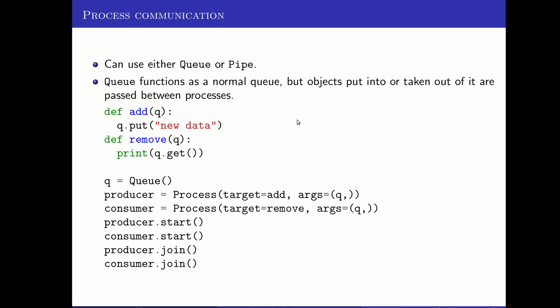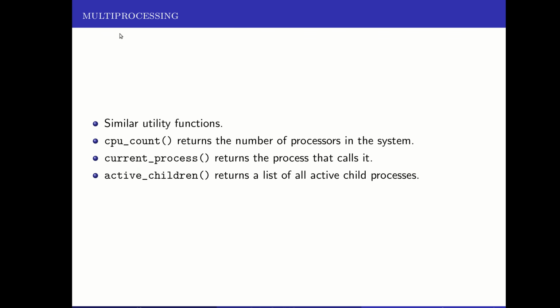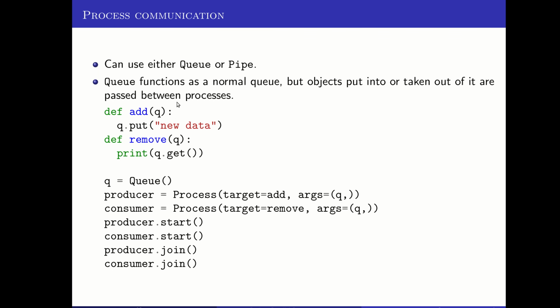So to communicate between those processes, two examples of what we can do are a queue or a pipe. A queue functions like a normal queue. The multiprocessing.Queue class functions like a normal queue, but objects can be put into or taken out of it between those processes.